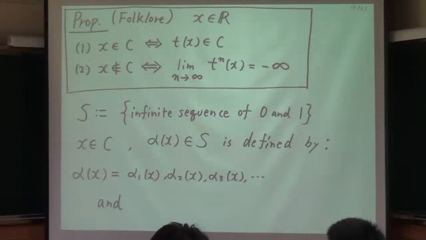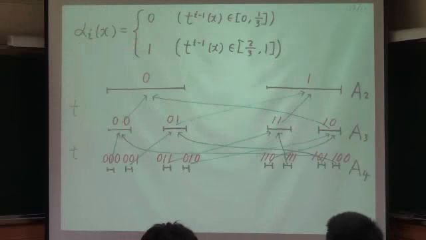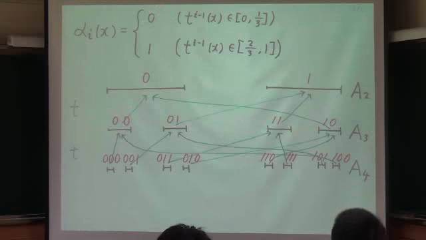So alpha x is an infinite sequence alpha 1 x, alpha 2 x, alpha 3 x, and so on, and each alpha i x is 0 or 1, defined as follows. Let me explain this by this figure.